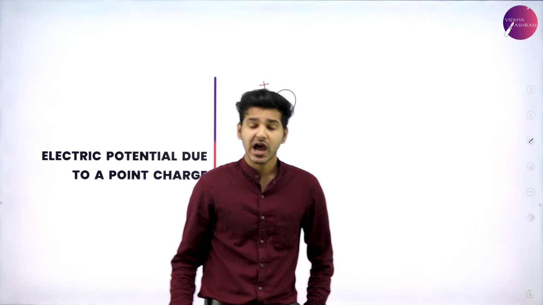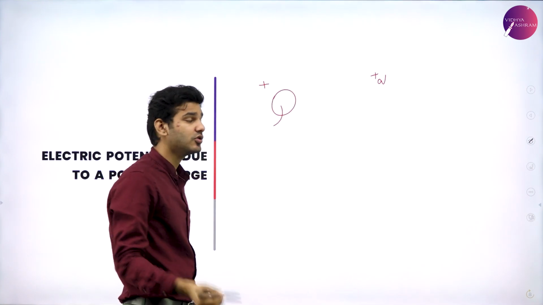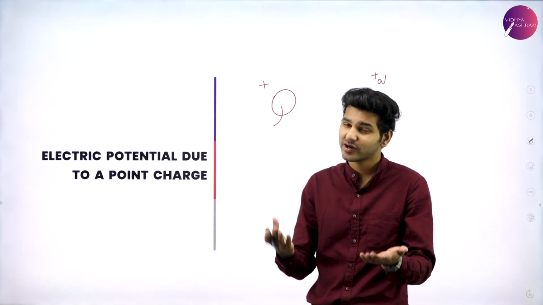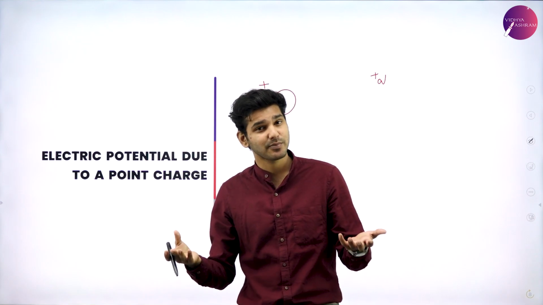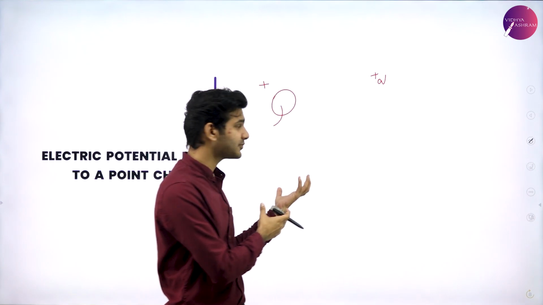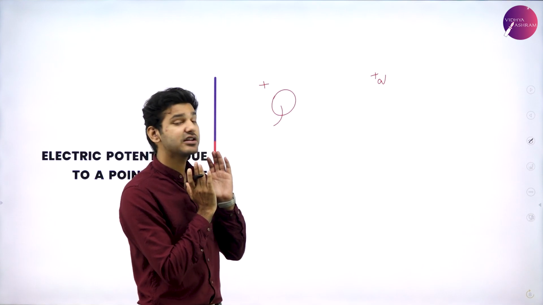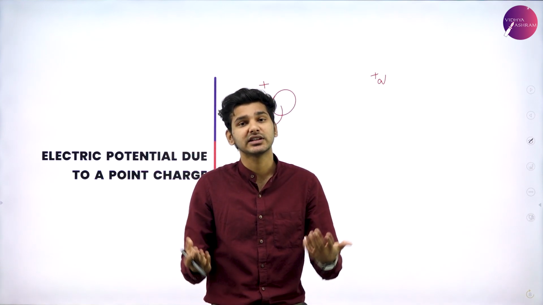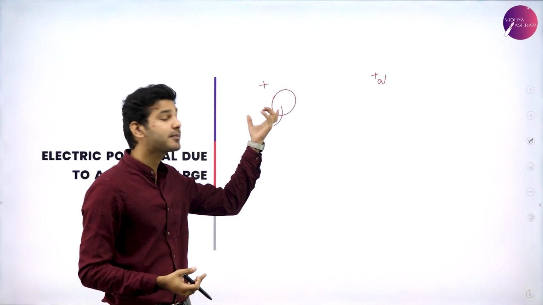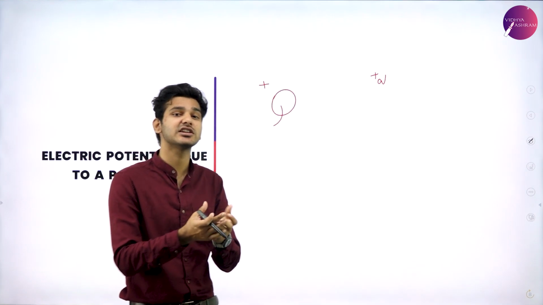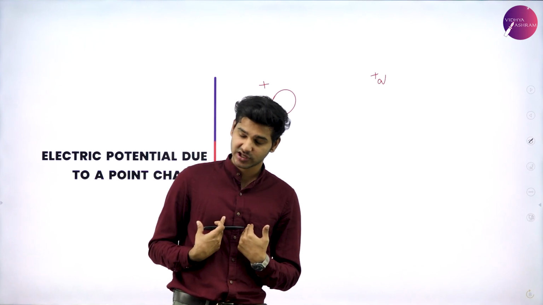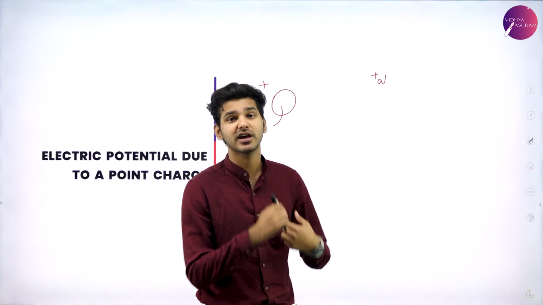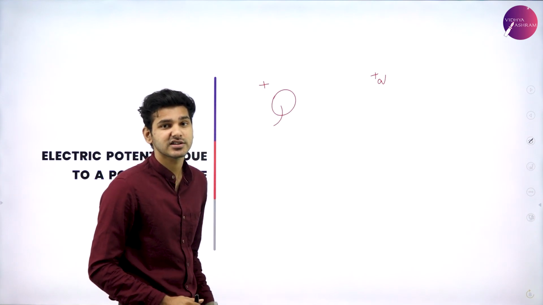But imagine that I am bringing a positive charge Q from a long distance away to this particular charge. Why am I bringing it? That can happen in nature, when there is a charge present in a system and then another charge slowly approaches it. So for convenience, let's say there is a big positive charge Q situated in space, and I am bringing a small charge Q. I have put it in my pocket and I'm walking towards this charge.